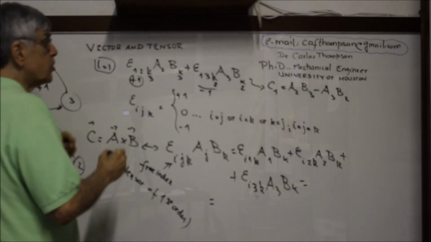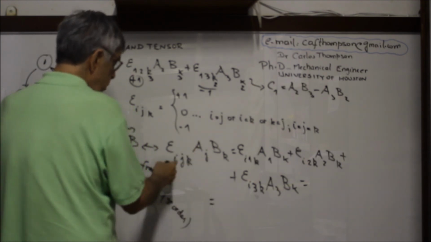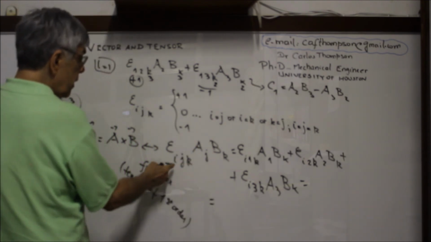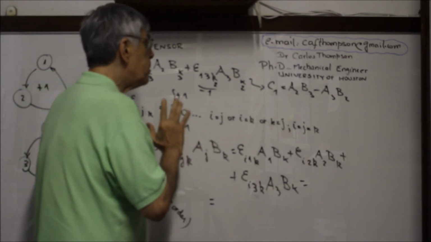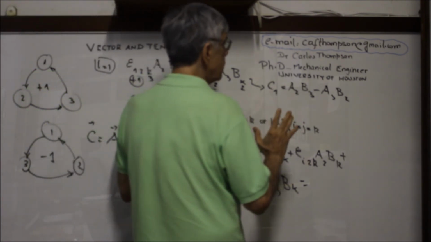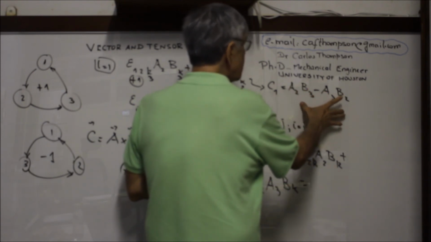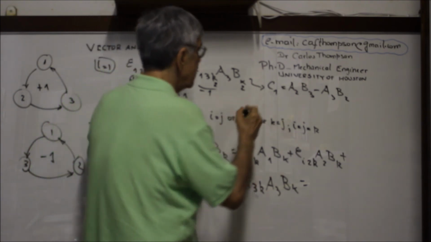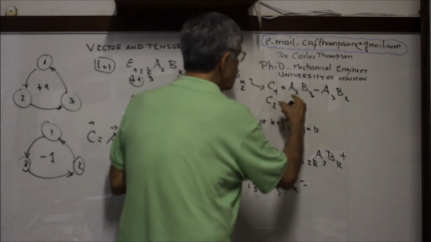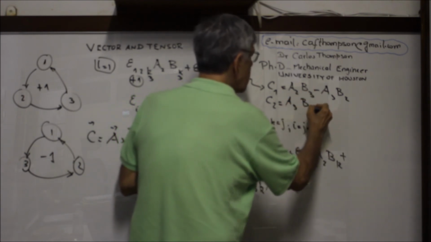Now, the same procedure, I will choose i equal to 2. You remember one important result. When I got C1, C2 will be easy, because after 2 is 3, after 3 is 1.